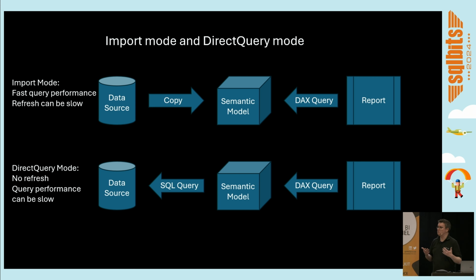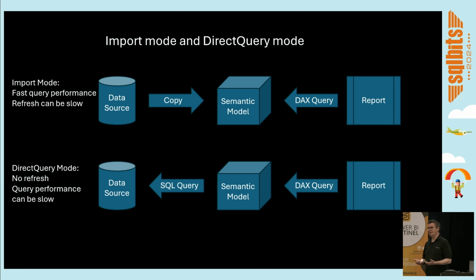That was the choice that 95% of the time people did choose. With import mode, you took your data from your data source and you copied it into Power BI's own in-memory column store database engine, the VertiPaq engine, inside your semantic model, what used to be called a dataset. That copying was called refresh.